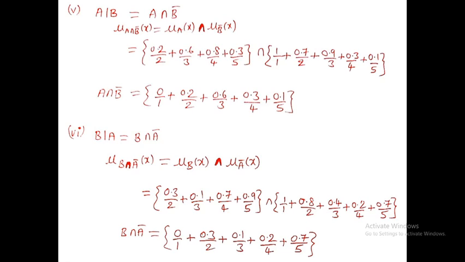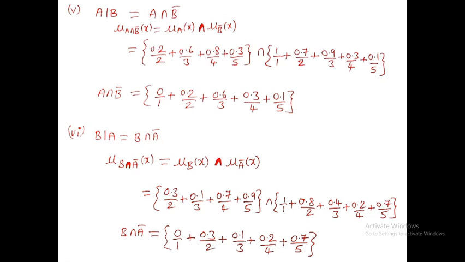In a similar way, B difference A, or B minus A, is equal to B intersection A bar. A bar is already calculated, B you know. A bar is nothing but the first problem; we have calculated A bar already. So mu B intersection A bar of x is equal to mu B of x and mu A bar of x. If you write that B set and A bar set, again you need to do the same intersection.